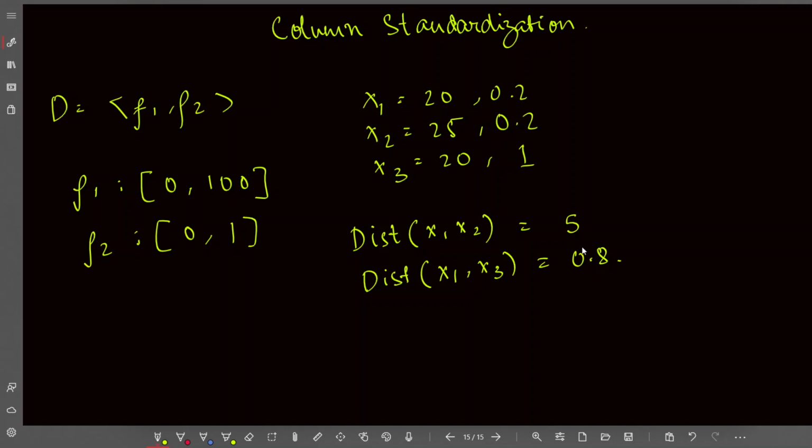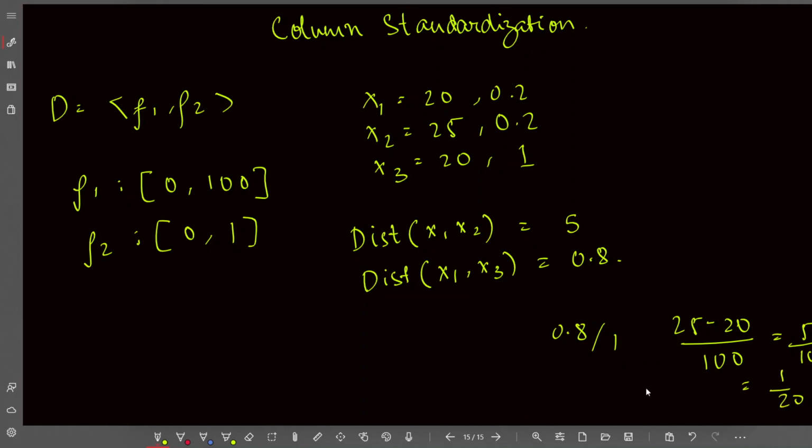But if you look at it this way, you see that the difference in the features of x1 and x3 is 0.8 on 1. Similarly, the difference between x1 and x2 for feature 1 is 25 minus 20 upon 100, because the range of values is 100. So this is 5 by 100, which is 1 by 20.